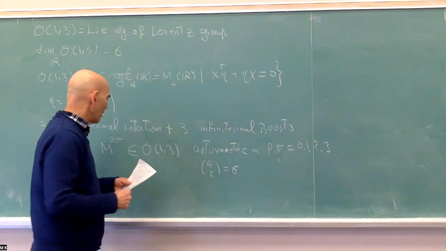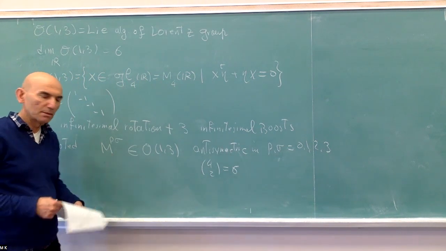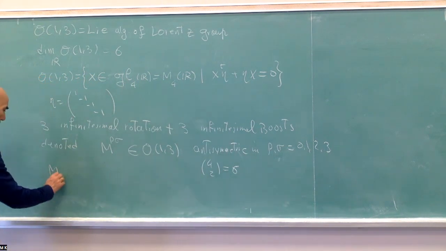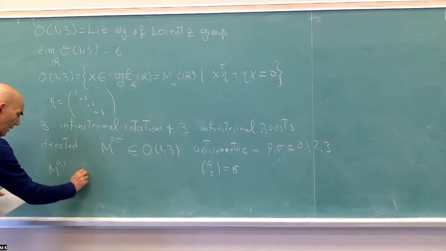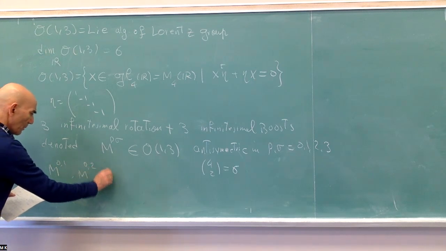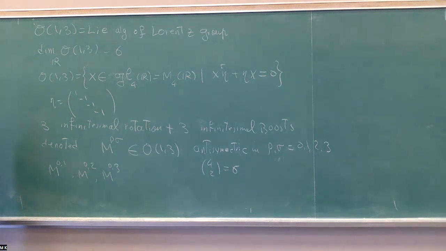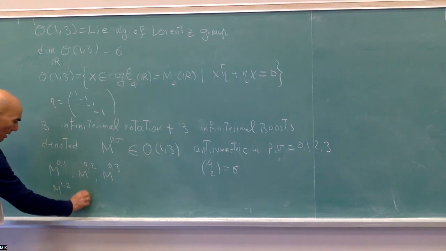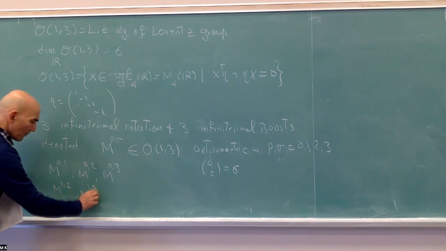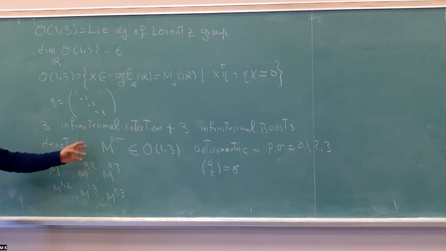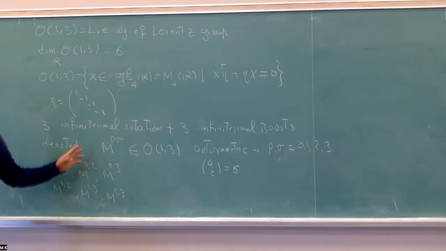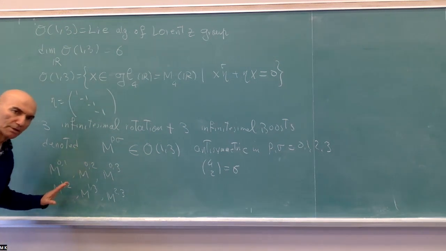So the total number of these matrices is going to be 6. The only ones we have to introduce are M01, M02, M03, and then M12, M13, and M23. The rest are going to be obtained from these by using antisymmetry. Okay, so that's the notation so far.